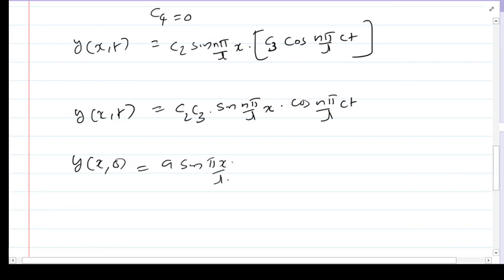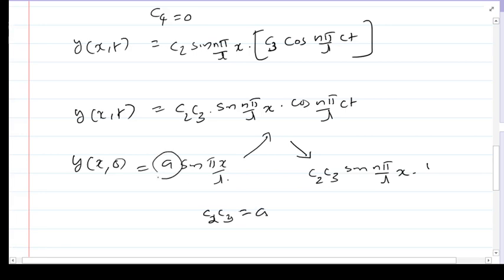So when you put t equal to 0 in this, what we get is C2 C3 sin(n pi x by L) into cos 0, which is 1. This immediately gives C2 C3 equal to a. Comparing the coefficients, C2 C3 equals a and n equals 1.